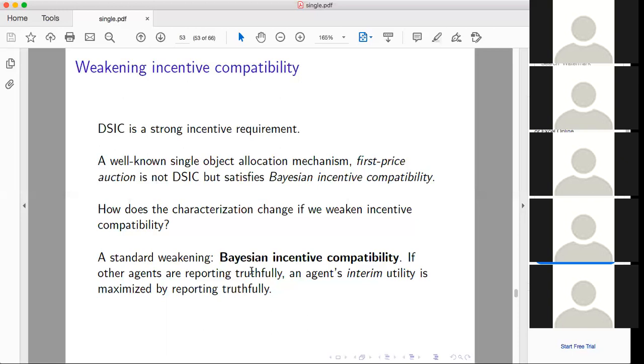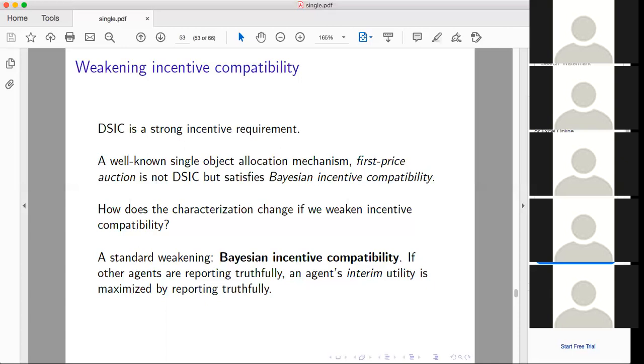One of the reasons we look at Bayesian incentive compatibility is that a very widely used mechanism, namely the first price auction, is Bayesian incentive compatible, but not dominant strategy incentive compatible. If you remember, in game theory 1, we had shown that the first price auction under symmetric assumptions has a unique symmetric Bayes-Nash equilibrium.